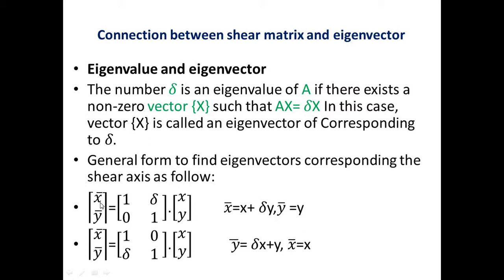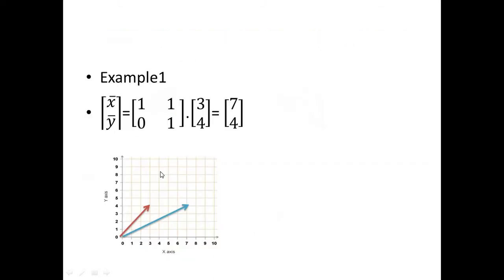You can see here the x shear, from which the eigenvector can be derived like this. This is the point for the eigenvector. It is the equation to find the eigenvector corresponding to the x shear, and this is the equation to find the eigenvector corresponding to the y shear.